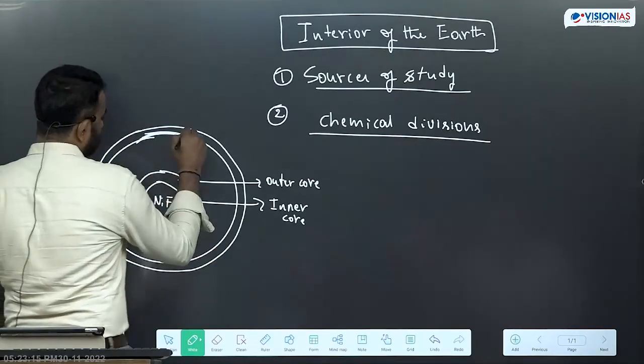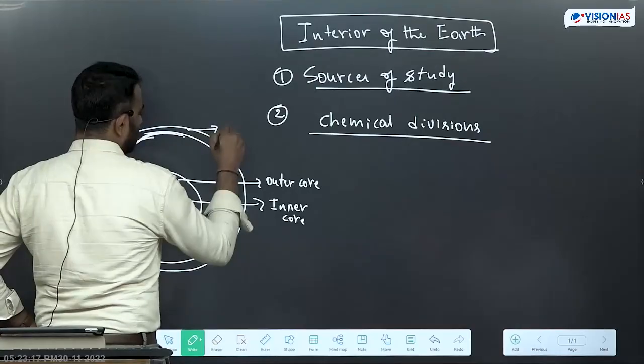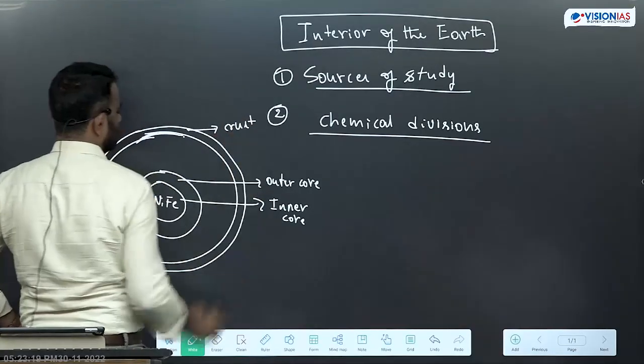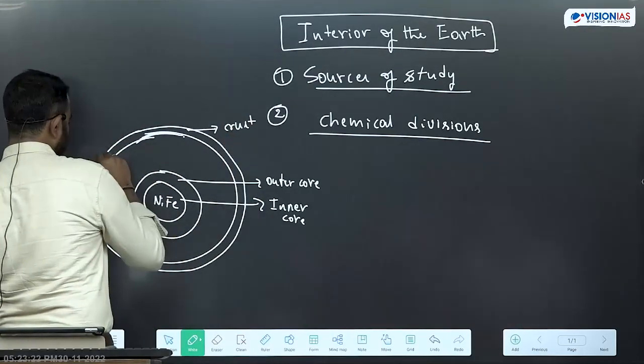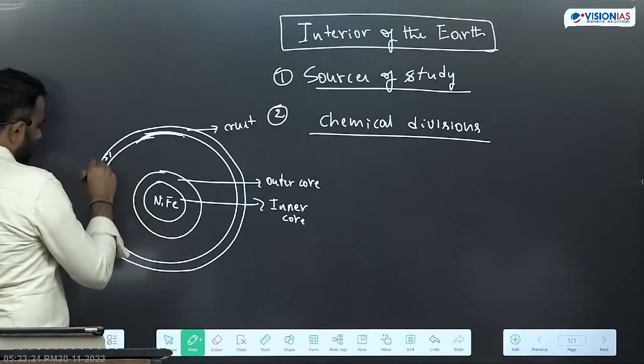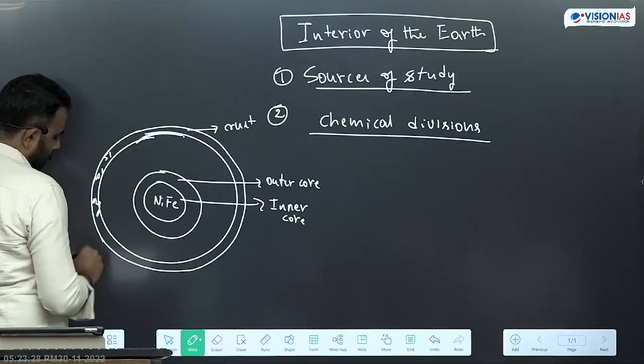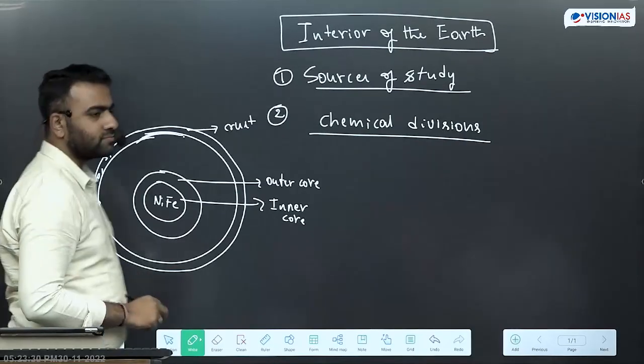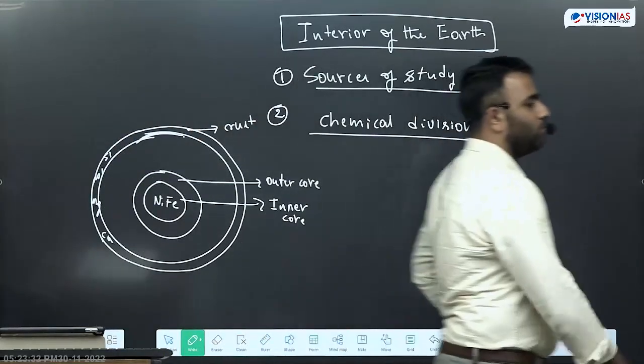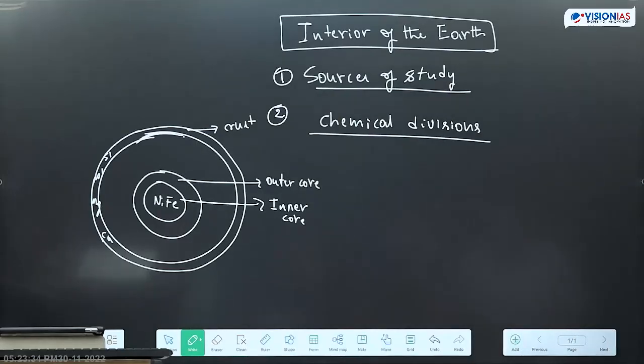The outermost layer is called the crust. It is majorly made up of silica, aluminium, magnesium, calcium; they form lighter compounds. So they are all concentrated in the outer layer.